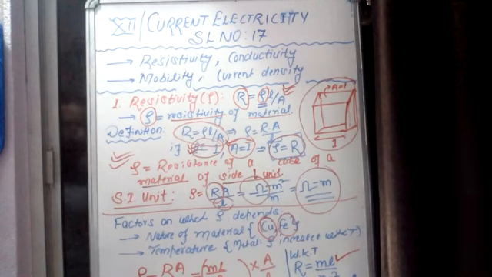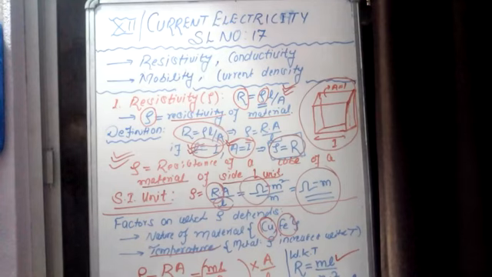It means that the resistivity depends on the nature of the material. The second very important factor is temperature. Resistivity of a material may vary with temperature. If we increase the temperature, the resistivity of the material also changes.